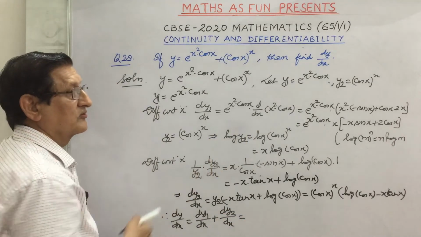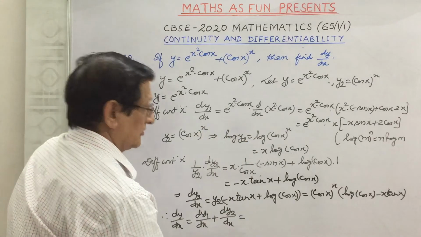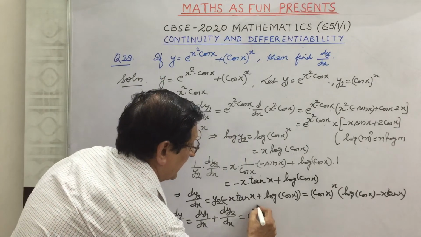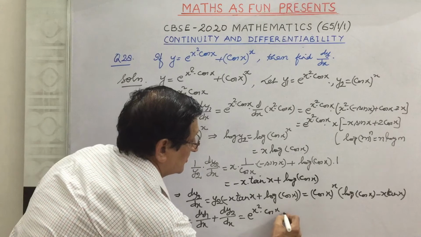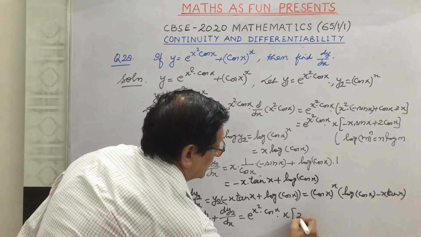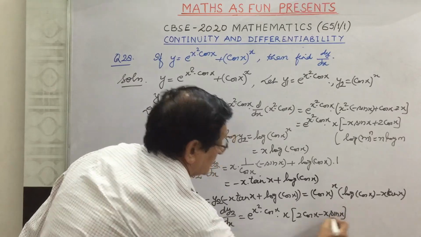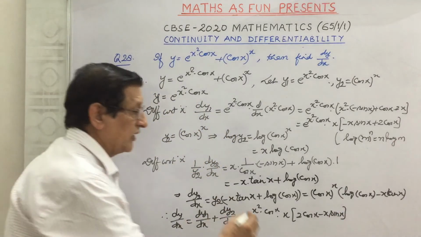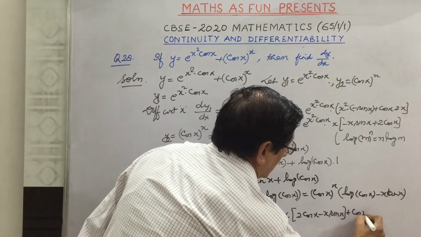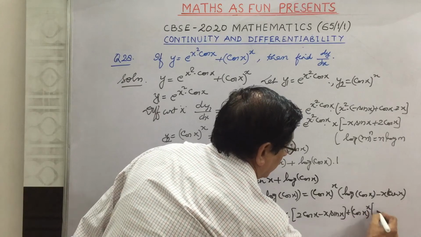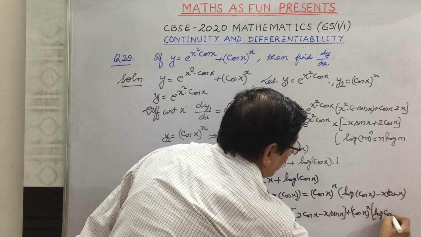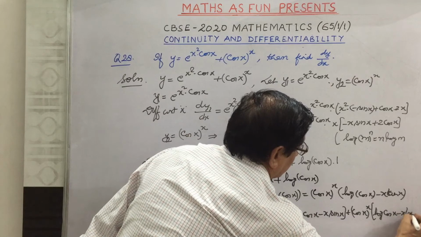And we substitute those values. The first one was e to the power x square into cos x into x into 2 cos x minus x sin x plus cos x whole power x into log of cos x minus x tan x.